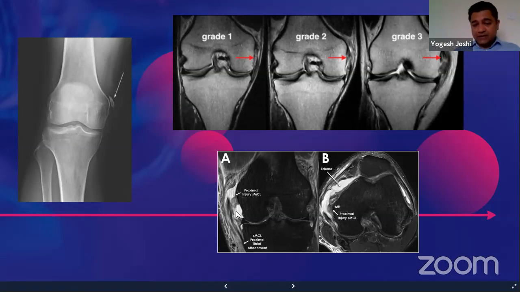Also, you look at the deep MCL and you can see it's closely approximating the medial meniscus, and you can see the tibial part is well attached, whereas the femoral component of the deep MCL is completely gone where it should have been attached.